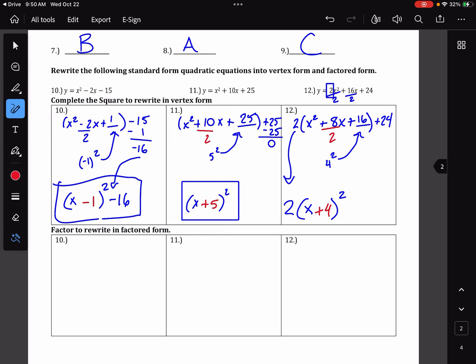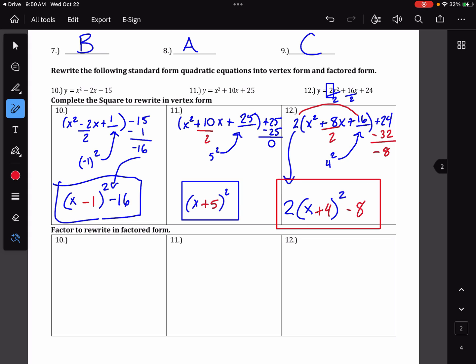Before I subtract 16 from 24, we need to multiply it by 2. Distribute that 2 to it. So we're going to subtract 32 instead. 24 minus 32 is negative 8. And that negative 8 gets put on the end there, and we're done with that.